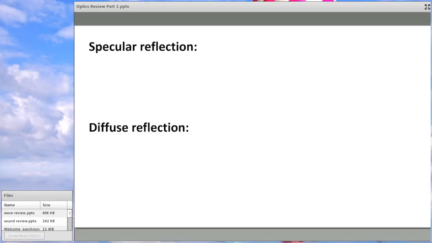Now let's talk about specular reflection. Specular reflection occurs on a smooth surface. And then on your test, they actually called it regular reflection, which I don't know how they decided what was regular and what was diffuse.